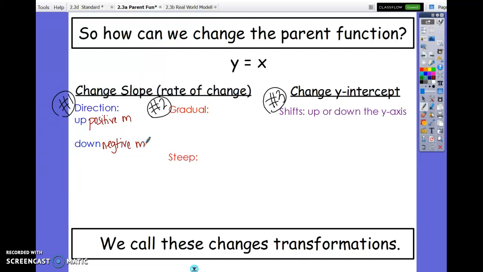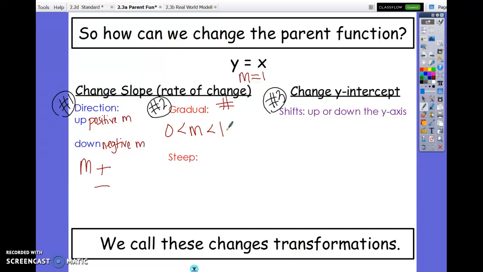The second thing that the slope talks about: for the direction, you're looking at whether your m is a positive number or a negative number. For the second transformation, you're looking at the value of that number. Remember, for our parent function, m is equal to 1. When we have a linear equation that has a rate of change that's more gradual than the parent function, that means our slope m is between 0 and 1.